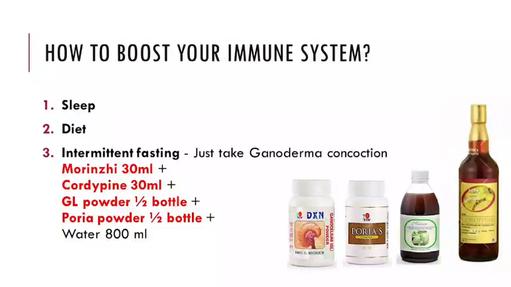How to boost our immune system? We must have enough sleep. Look at us today. Most of us work very hard, and even when it's time to sleep, you are still working. Even when you're supposed to rest, you are playing with your mobile phone, on WhatsApp. You're not sleeping at the right time.